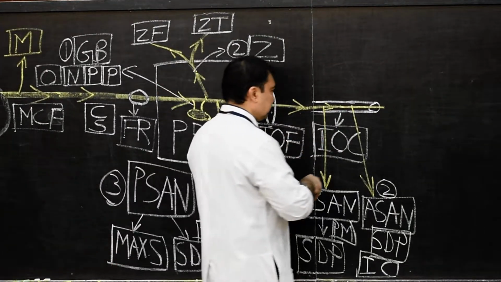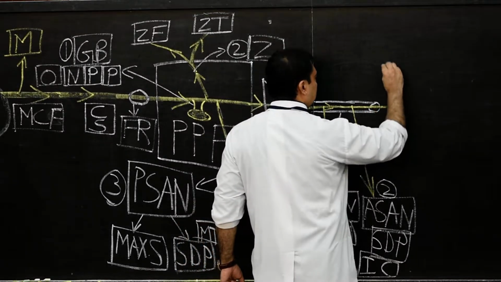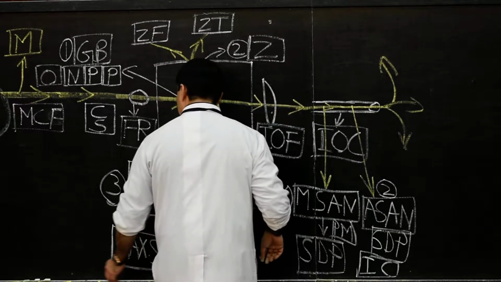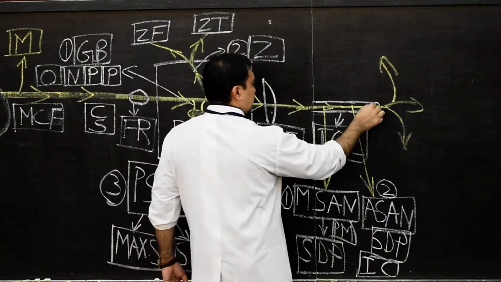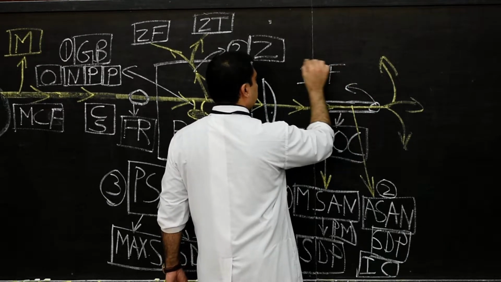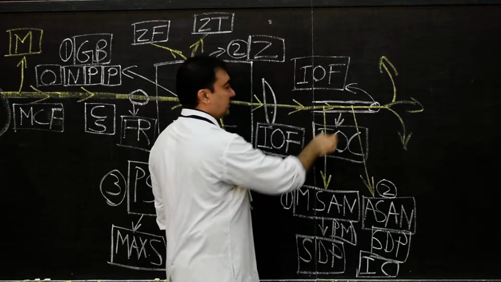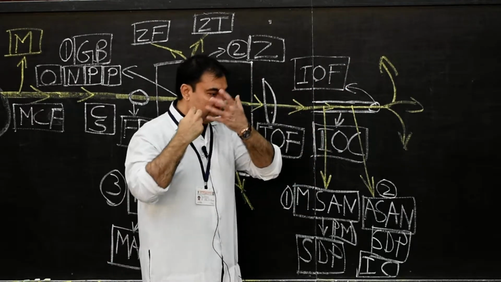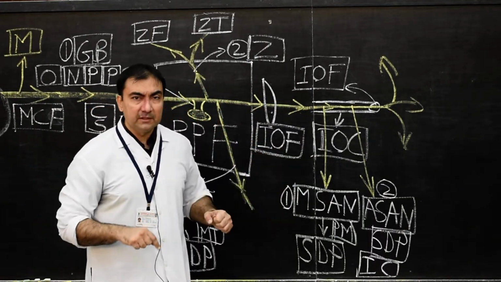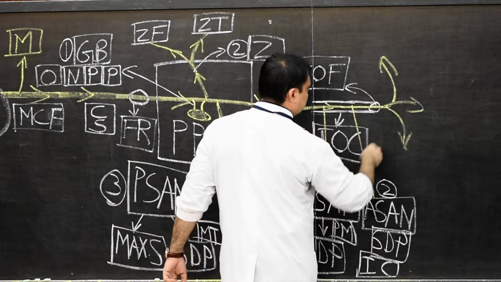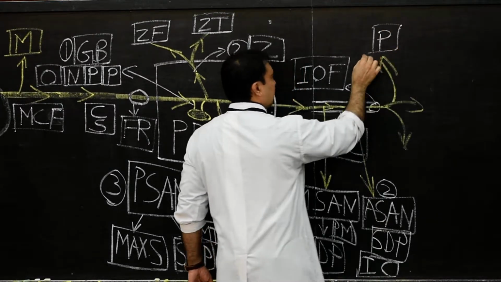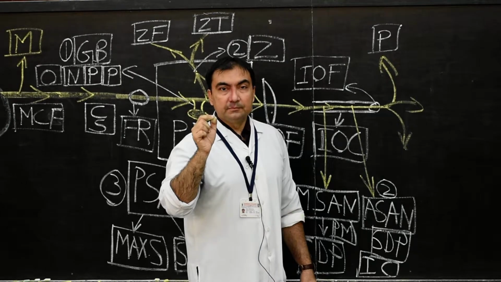Now it passes outside through the infraorbital foramen. This is our infraorbital foramen. Through the infraorbital foramen, in norma frontalis, as we have seen in the demonstration class, it will pass outside on the front of the face and divide into 3 branches. The first will be known as the palpebral branch, which will supply the lower eyelids.